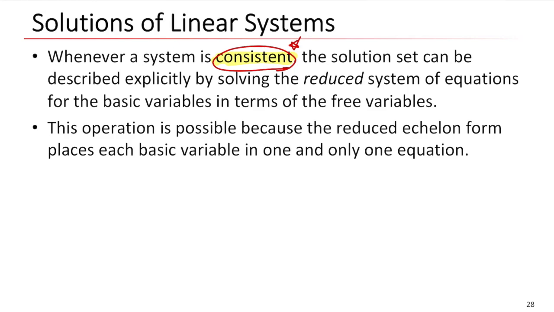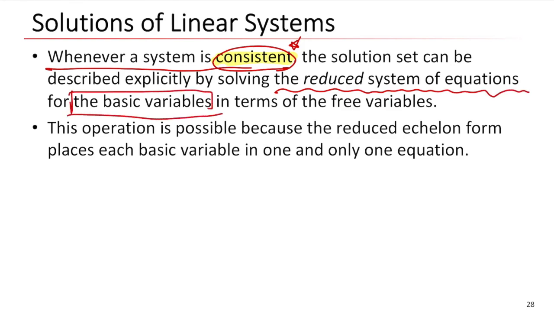Whenever a system is consistent, the solution set can be described explicitly by solving a reduced system of equations for the basic variables in terms of the free variables. Okay? What does that mean? Let's go back to the basics. What does consistent mean?